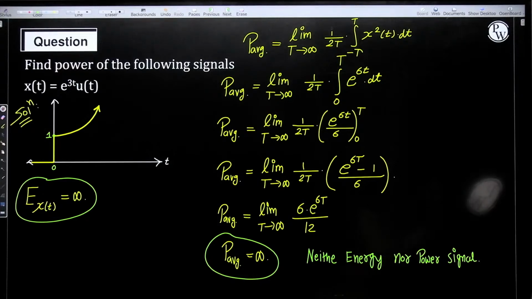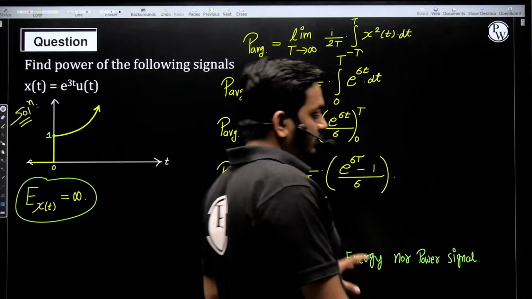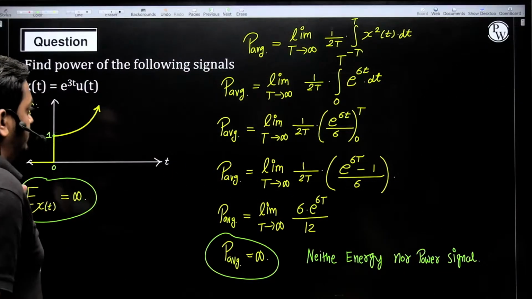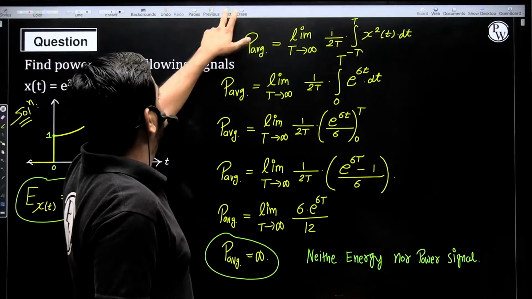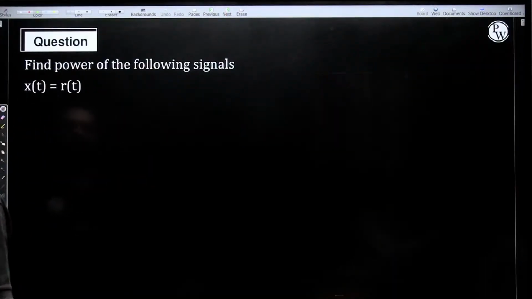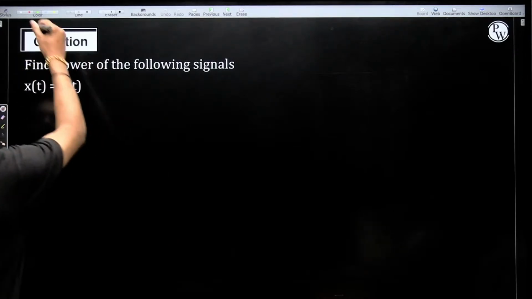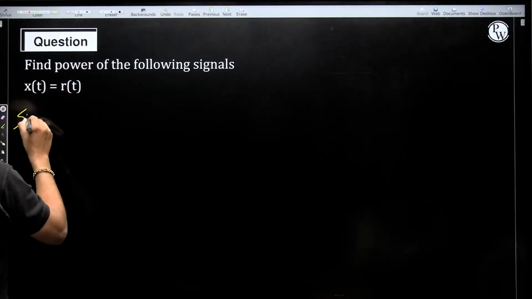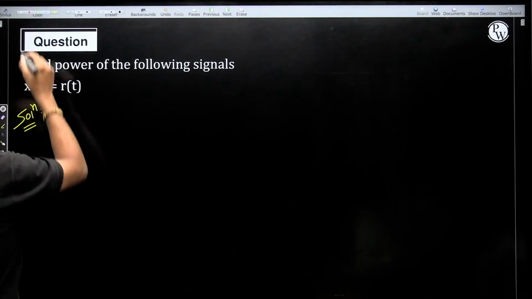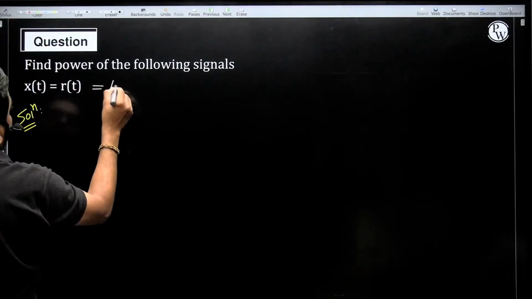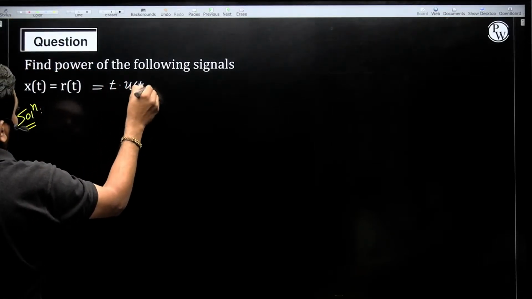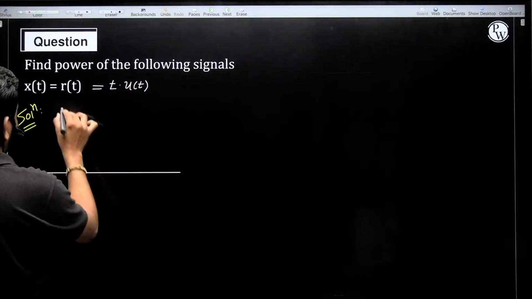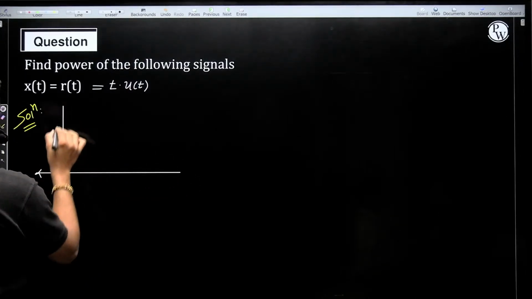So guys, in this way we can calculate the power of a periodic signal as well as an aperiodic signal. There are many more questions. Again, see, this is the calculation of energy and power of a signal. The ramp function is nothing but t into u of t. So again, this is also an infinite duration increasing function, right sided.